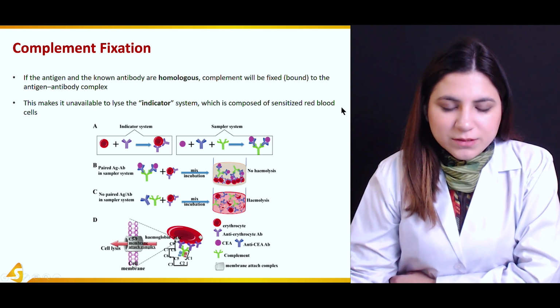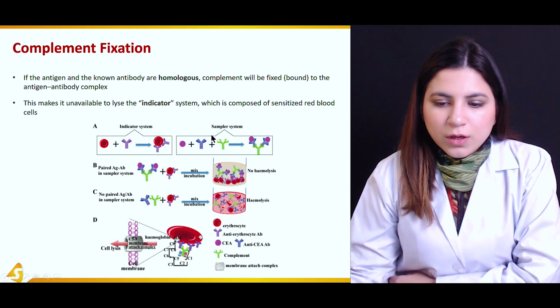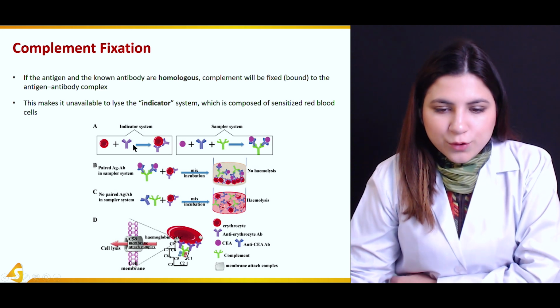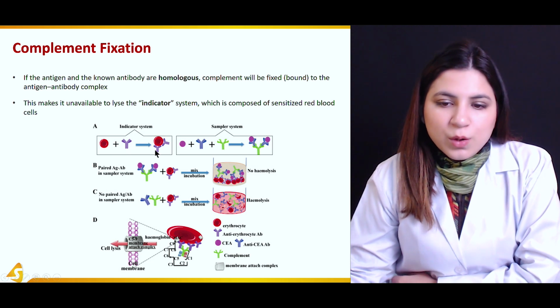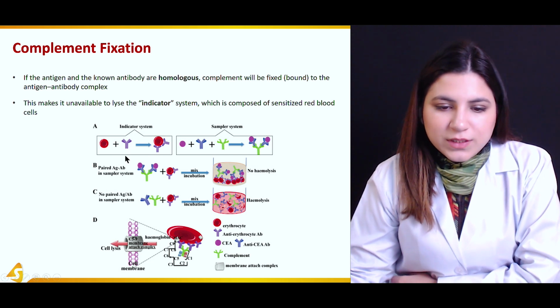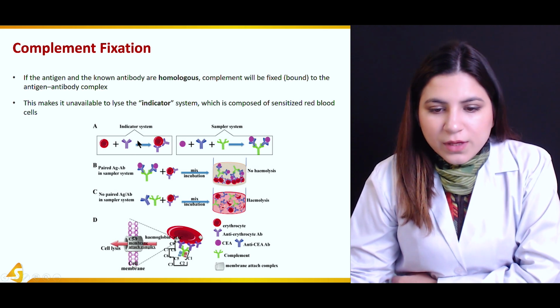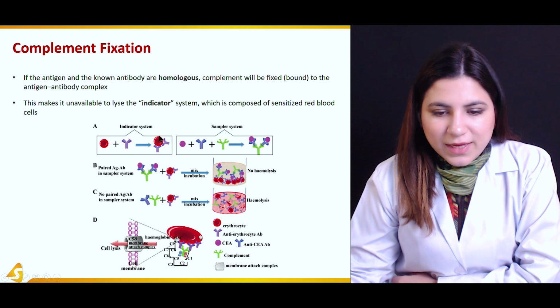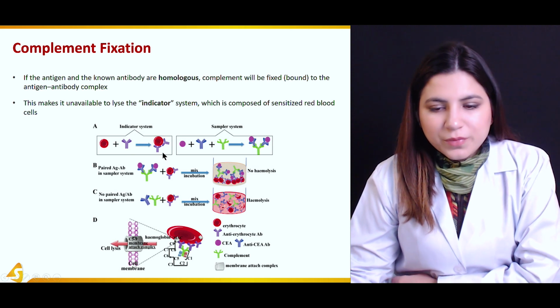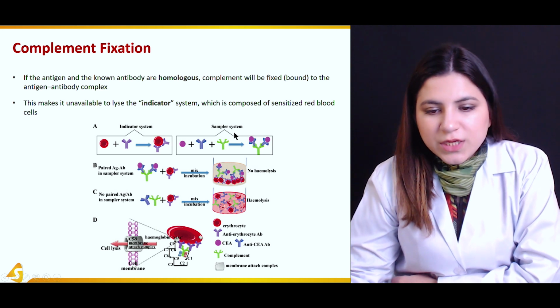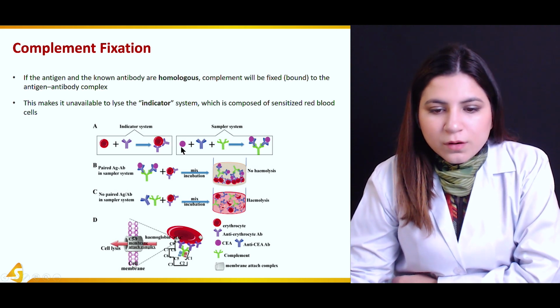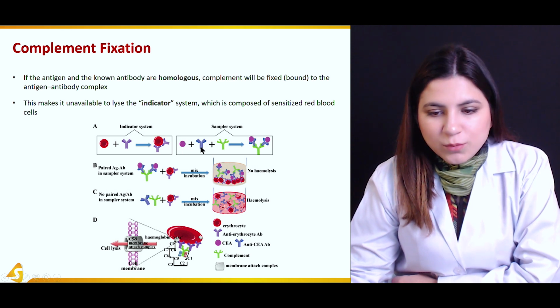This figure basically explains this phenomenon more closely. You can see that we have an indicator system which is composed of these red blood cells and an antibody. And these antibodies can pair the red blood cell. And then we have a sample system, which contains the antigen and the antibodies.